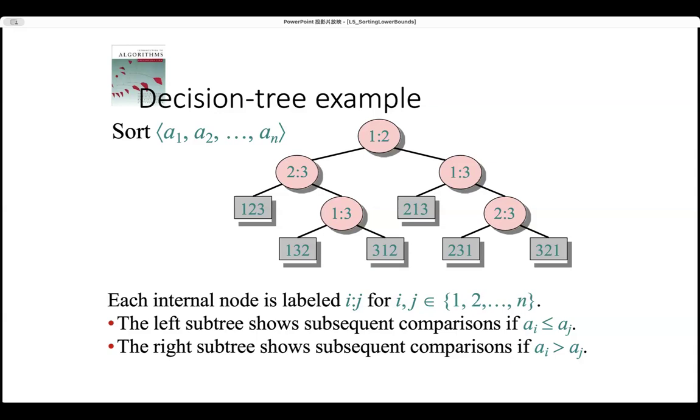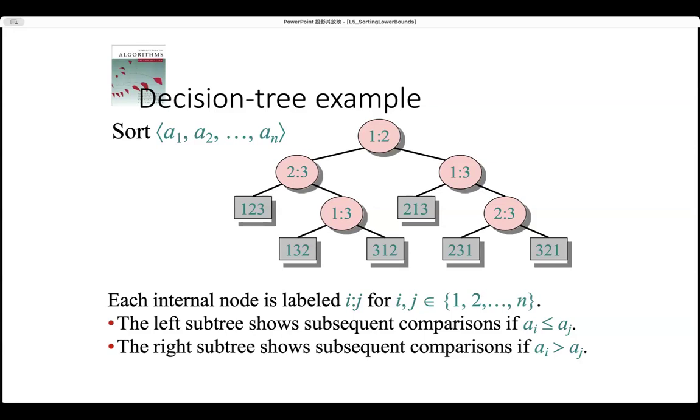Each leaf node will represent the relationship between the numbers: which one is the smallest one, which one is the second smallest one, and so on. And the internal node represents one comparison. Here we only provide three numbers, but you can generalize this to 4 numbers, 5 numbers, and so on.